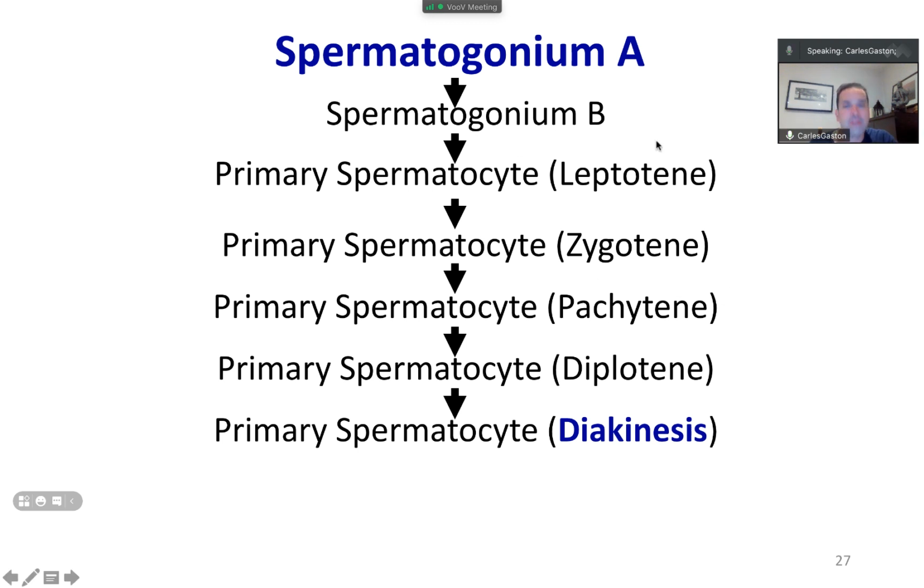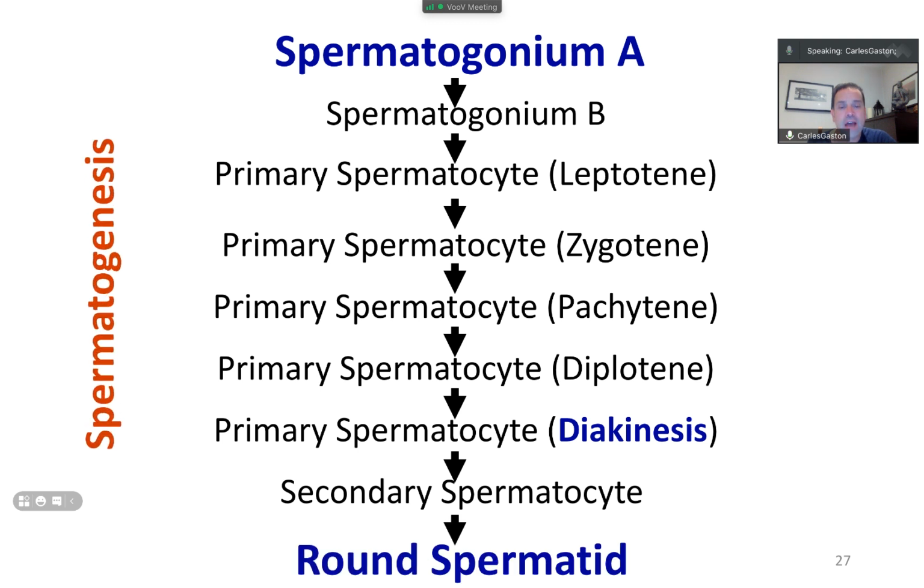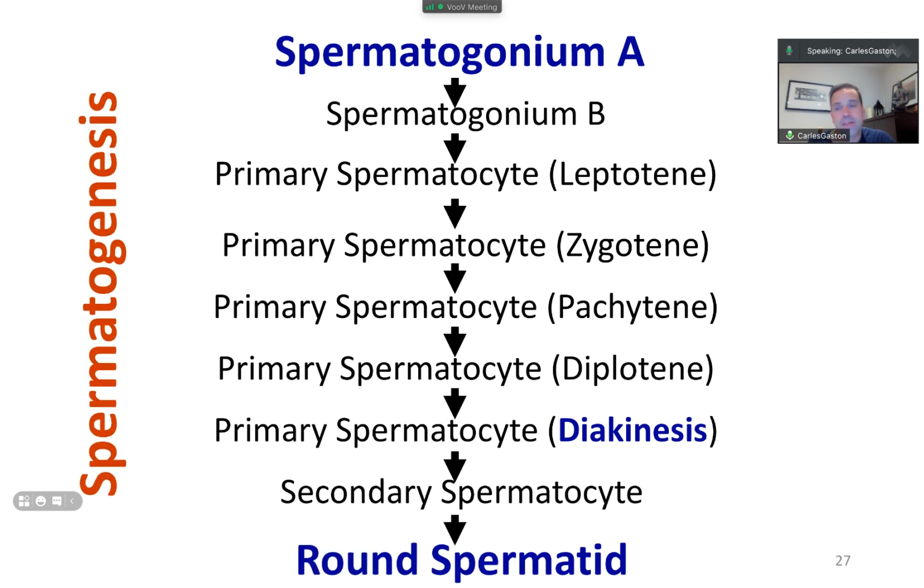These different steps are divided into leptotene, zygotene, pachytene, diplotene, and diakinesis, and will form the gametes. Then you have the secondary spermatocyte, and finally the round spermatid. So those are the known steps of spermatogenesis.